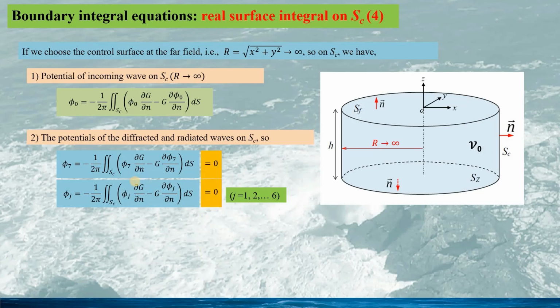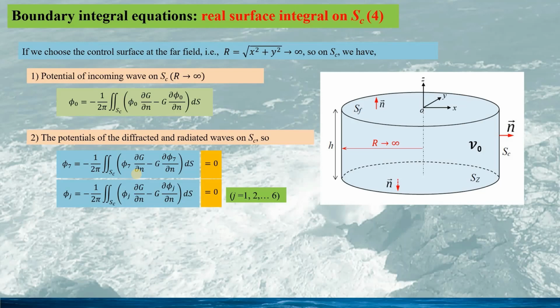By applying the far field condition, the potentials of the diffracted and radiated waves on the control surface SC would be all 0, meaning the potentials of the diffracted and radiated waves would vanish at the far field.